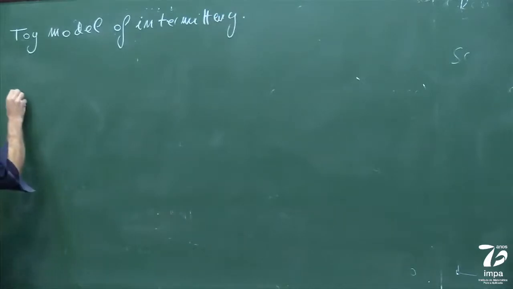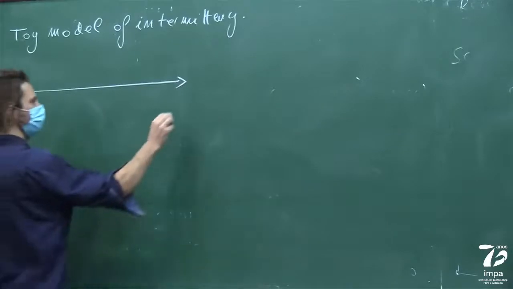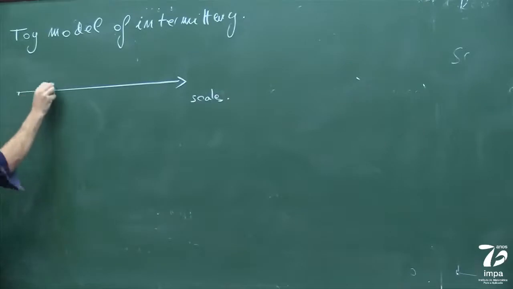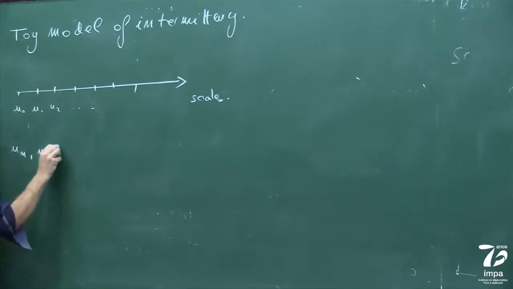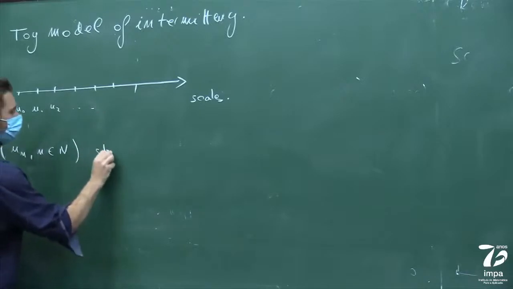Well, essentially, we will have here some scales. Okay. And you have U0, U1, U2, UN, where N, considered as an integer, is a stochastic process.